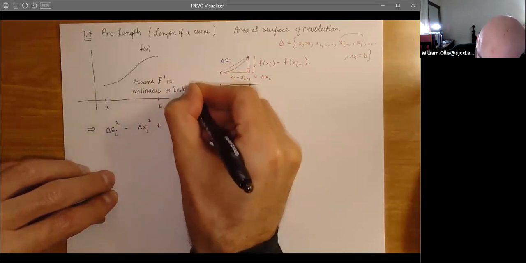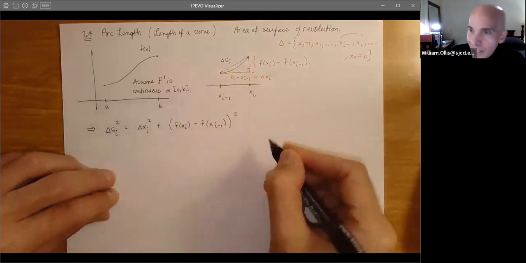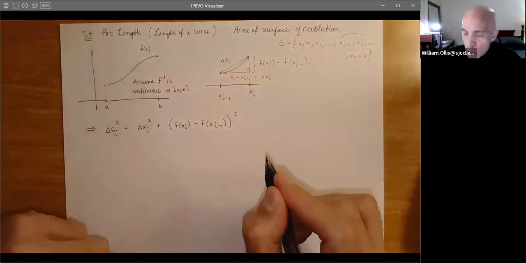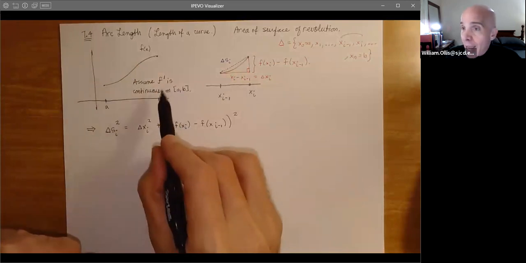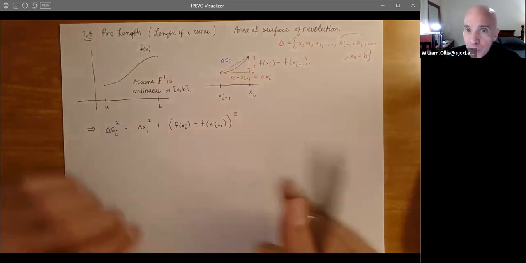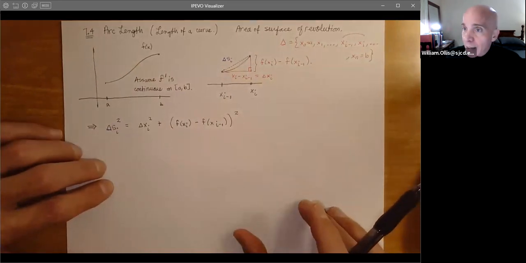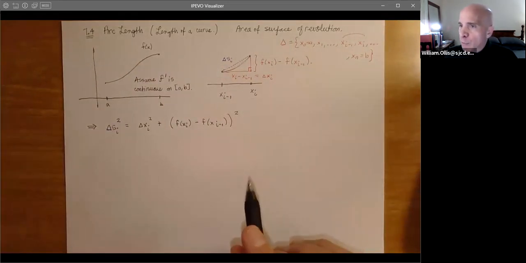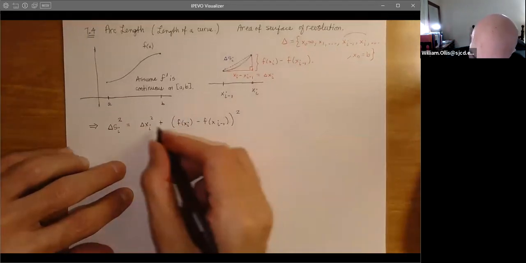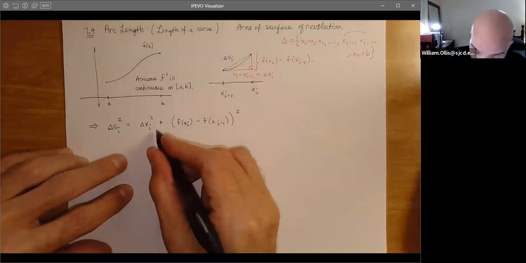When we get to Taylor's theorem, we're going to call it Cn, since we're going to need that many derivatives to be continuous. For now, our formula is going to require this. So that's a little hypothesis that we can go ahead and add now. That is, when we take the derivative, we get a nice function on this particular interval. So what we want to do now is factor the delta x sub i.